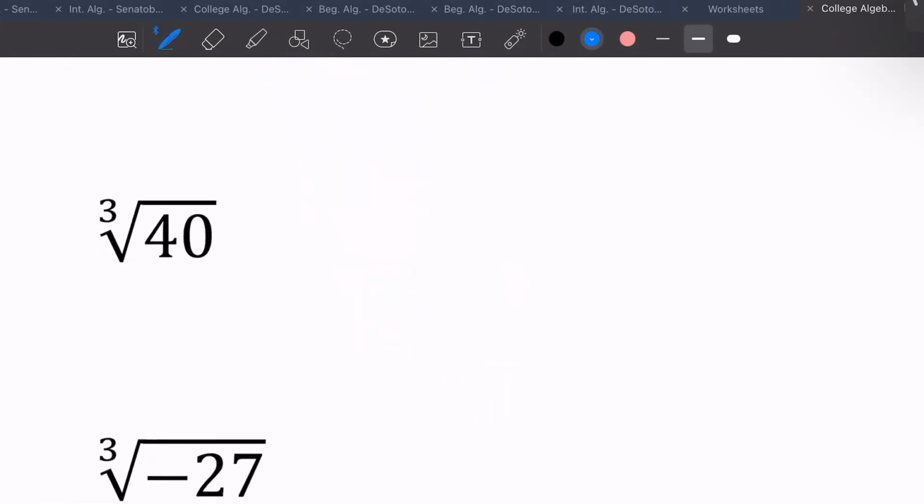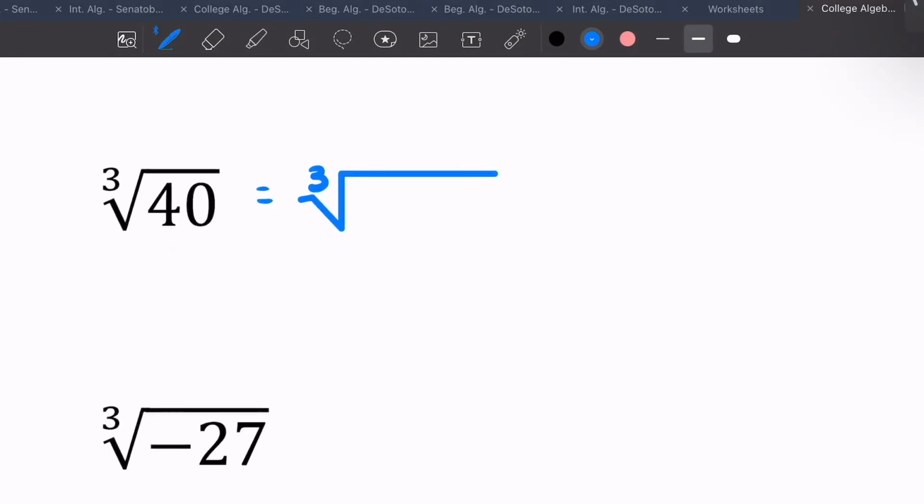The cubed root of 40. If you go to your cubes list, you'll notice that 40 is not on there, so we don't have anything that gives us a whole number right away. But our rules still apply. We're looking for the factors of 40 that help us out. In our cubes list we have 8, and 8 times 5 is 40.